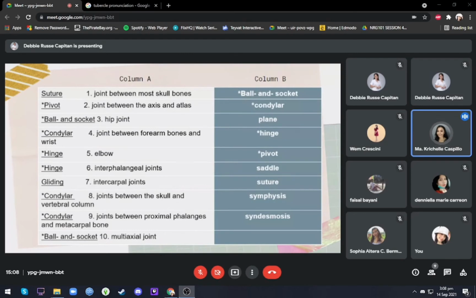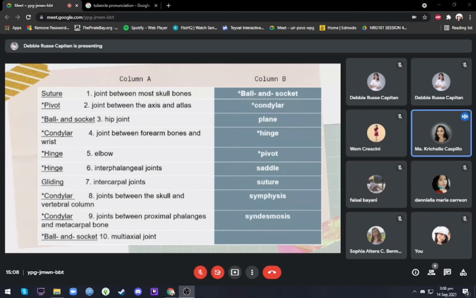Number one, joint between most skull bones is suture. Two, joint between the axis and atlas is pivot. Three, hip joint is ball and socket. Four, joint between forearm bones and wrist is condylar. Five, elbow is hinge.